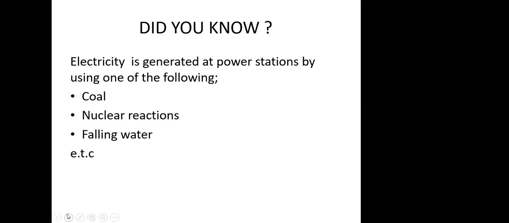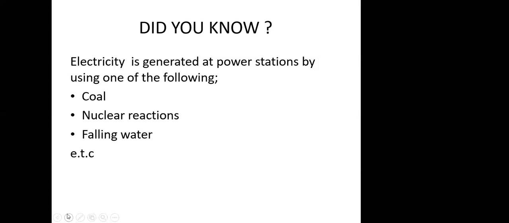Let's see how electricity is generated. Like Andrew told us, electricity is generated from a lot of things: we have coal, we have nuclear reactions, we have falling water. What they do is produce energy, which is used to run turbines.